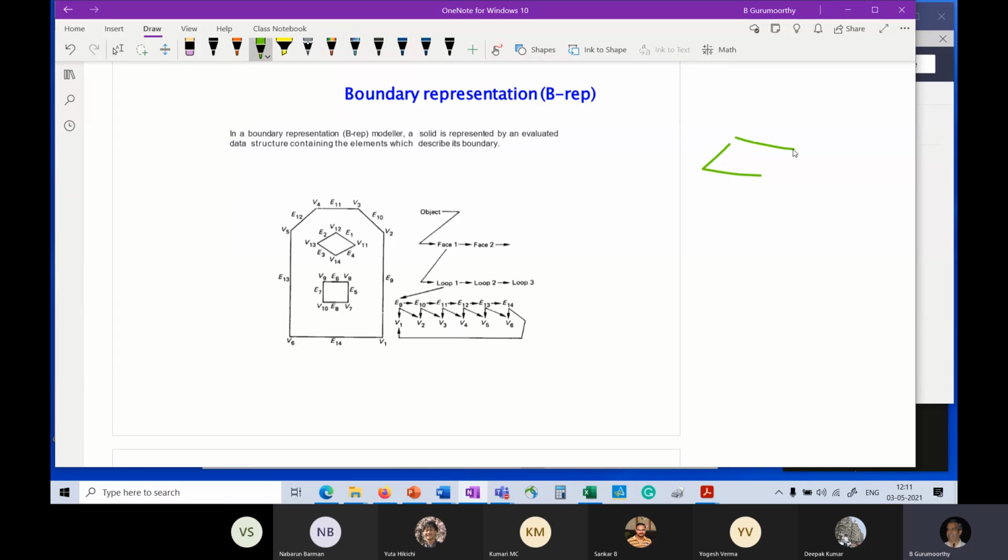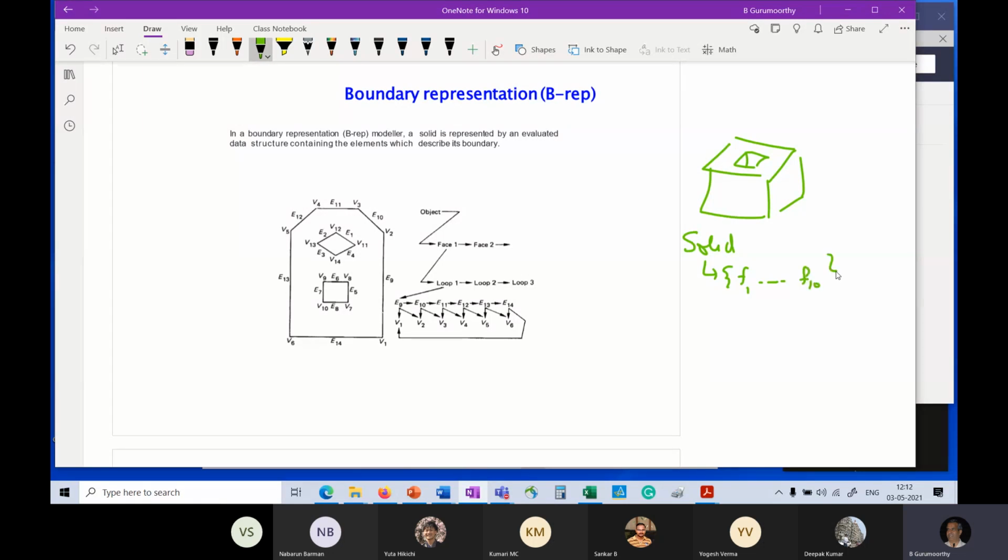Because all the examples that we had done hitherto was the brick, but it turns out that the same representation scheme works for a brick with a hole in it, except that I have my solid, which is my list of faces, F1 to whatever number we have here.